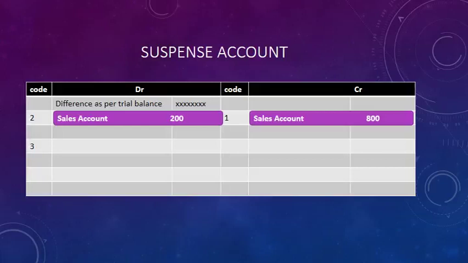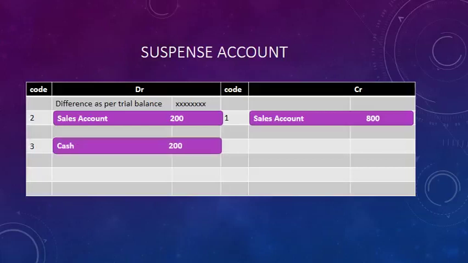So to debit suspense now, we write in the description box cash, then we write $200. We're debiting $200 in the suspense account, but in the actual cash account we are going to credit $200. Why? We are saying we have debited the suspense account $200. So what are we going to credit? We're going to credit the cash account. I hope you're getting it, and I hope you got it.